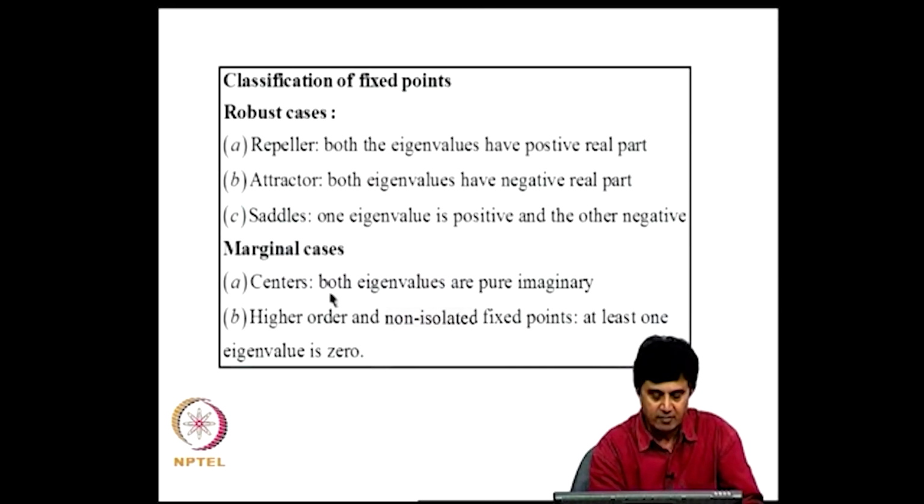Then there are marginal cases when both eigenvalues are pure imaginary. There are other situations like higher order and non isolated fixed points where at least one of the eigenvalues will be 0. We are not going to get into greater detail on this. We will later see how all these ideas are related to structural stability.